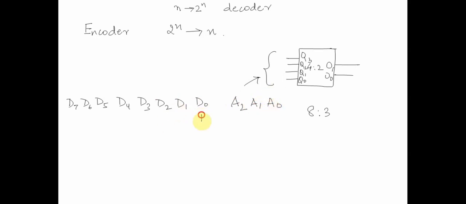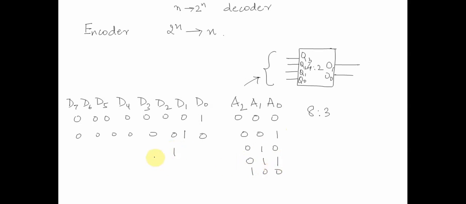If all of them are 0 and only one of the inputs is 1, the output will reflect the corresponding value. So this will be 0, this will reflect a value 1, similarly we will have value 2, value 3, value 4, and 5, 6, and 7, with the rest all being zeros.